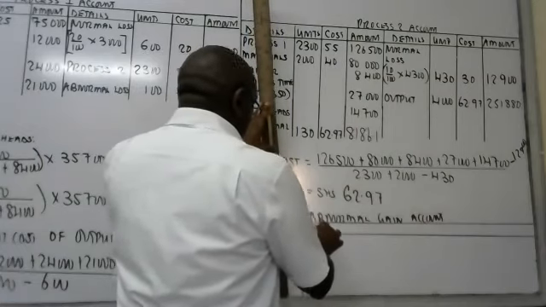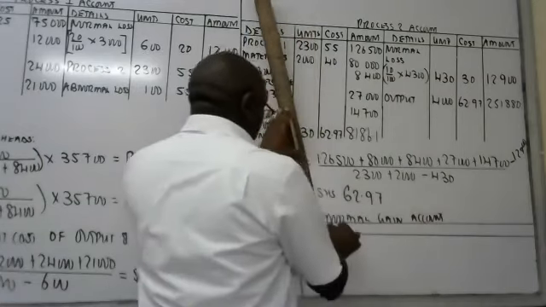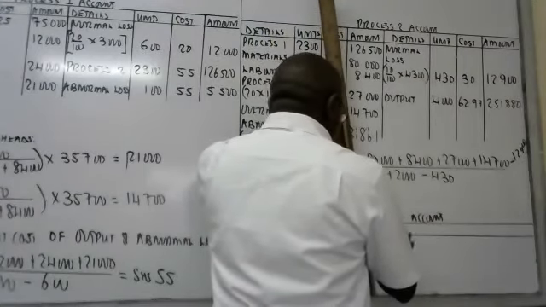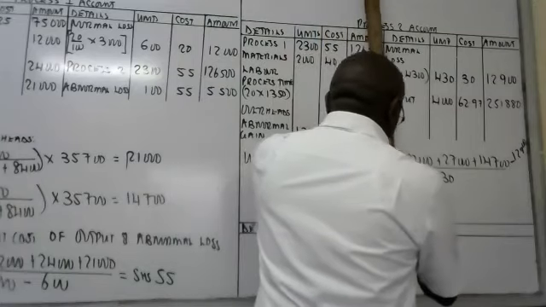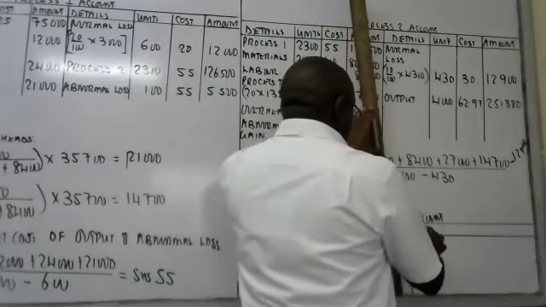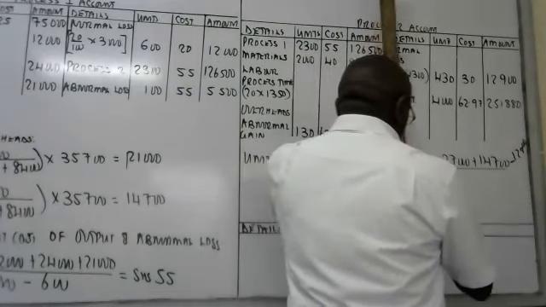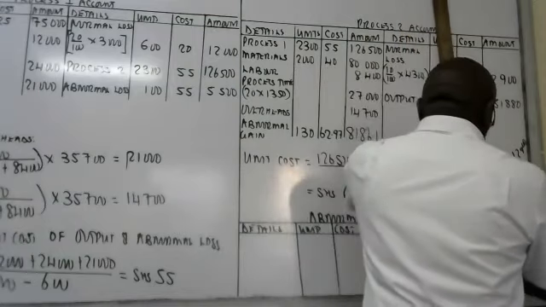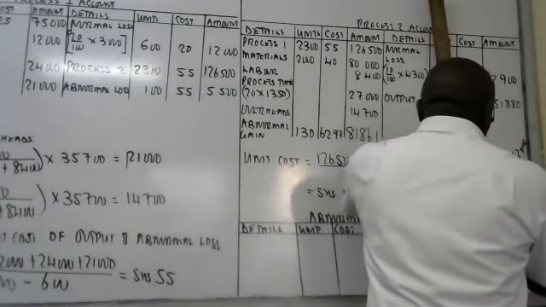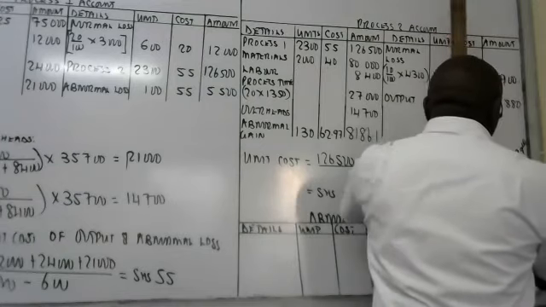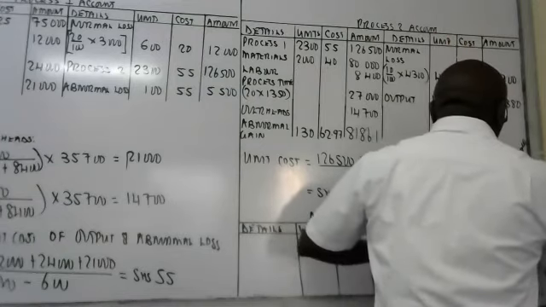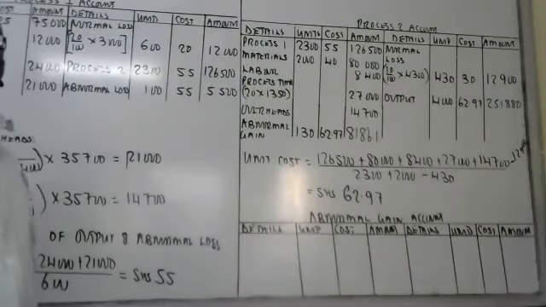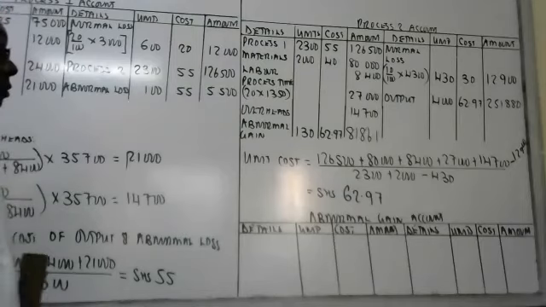We have units. We have the costs. And we do have the amount. Then details, units, costs, and then the amount.